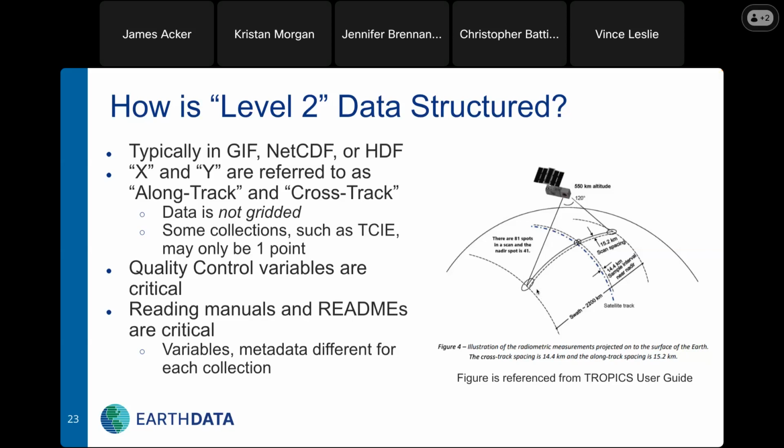And then along that path, you get this scan space, which for these collections is about 15.2 kilometers wide. And inside of each of those scans, there are these spots. And inside of a scan, the nadir spot, which is looking directly down in the middle, is the 41st index.